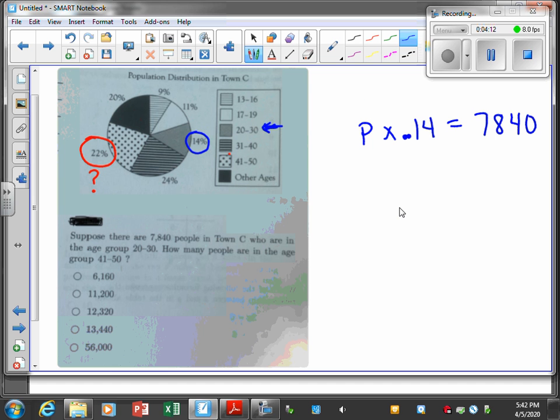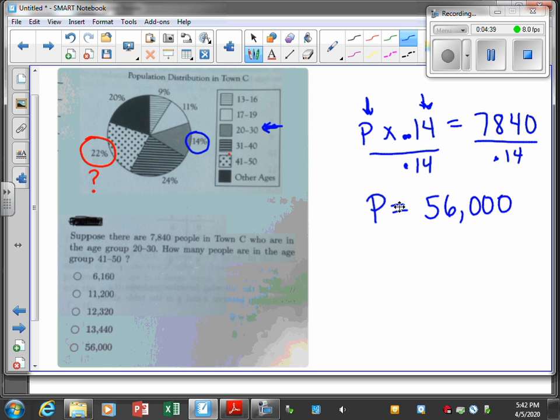The total people times 14% should equal 7,840, because that was our first statement. So to solve for P, divide both sides by 14%. So if I divide this by 0.14, divide this by 0.14, we'll find out that the people are equal to 56,000. So there's 56,000 total people in all of this.